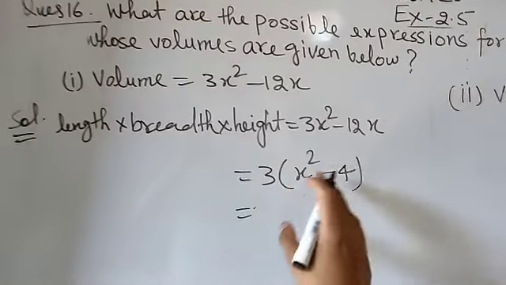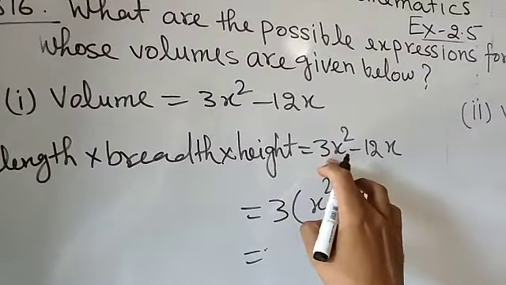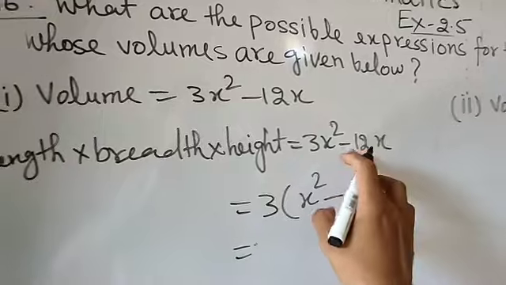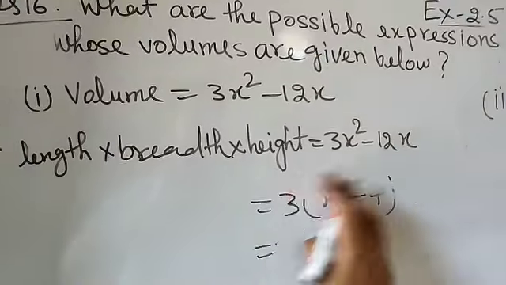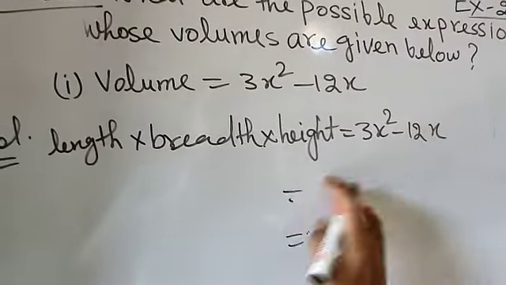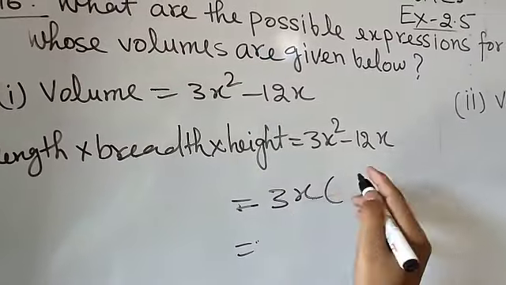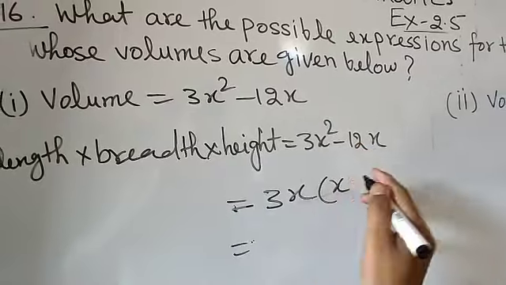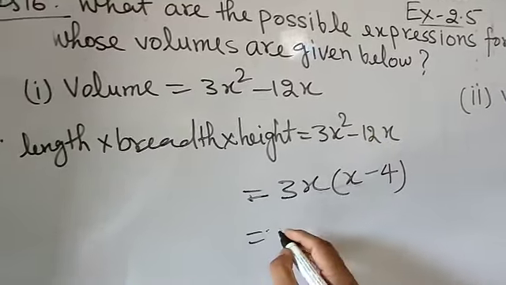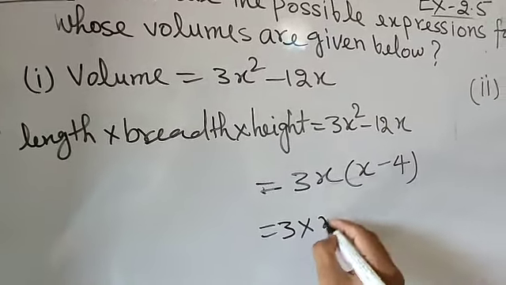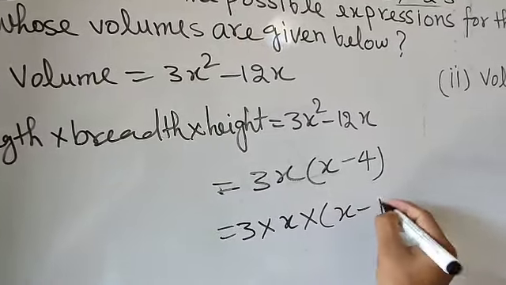Here, students, you can take 3x common: the number 3 is common and in the variable x is common. So if you take 3x common, it will be x minus 4. So it can be written as 3x into x minus 4.